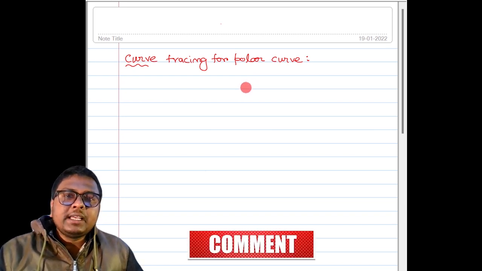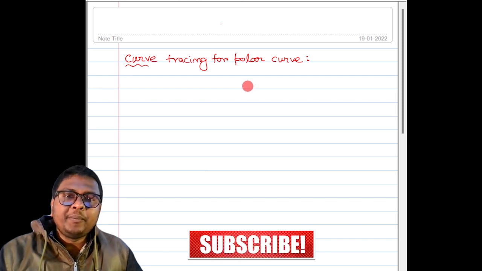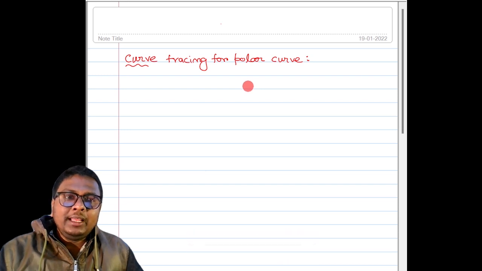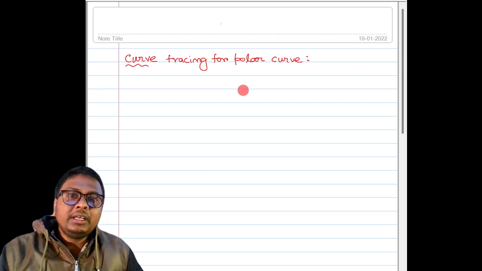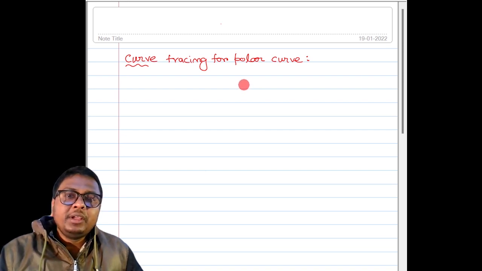Today we will discuss curve tracing for polar curve. In the previous two classes on curve tracing, I have already discussed curve tracing for the Cartesian form and curve tracing for the parametric form.